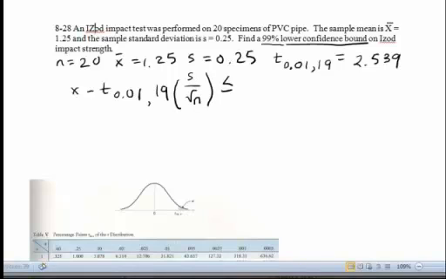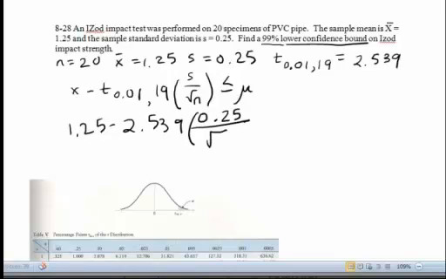It's got to be less than or equal to mu, and that means 1.25 minus 2.539 times 0.25 divided by the square root of 20, and that should all be less than or equal to mu.